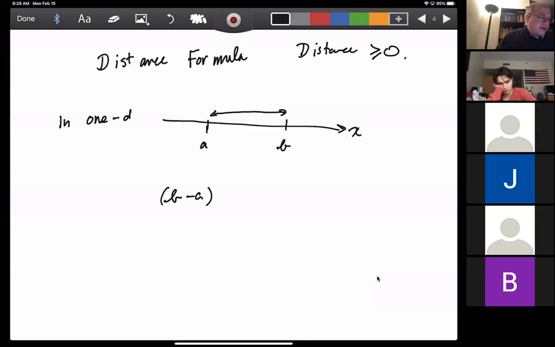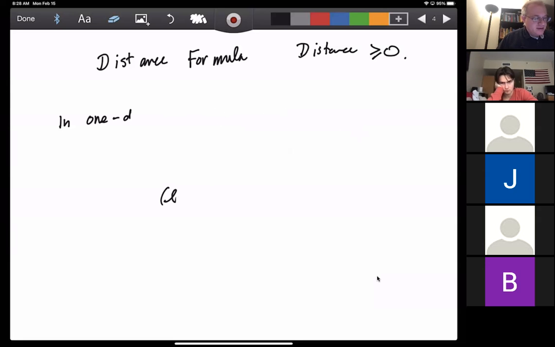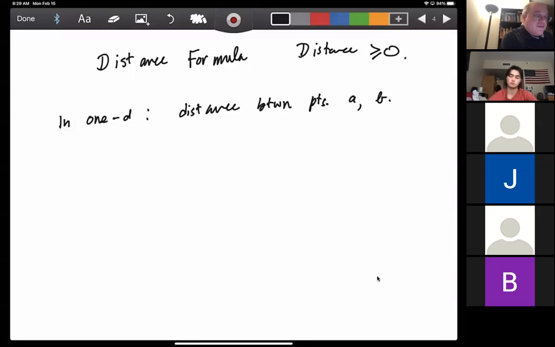Okay. And what if you had your 2 points, so distance between, that's abbreviation for between points A and B. If you don't know which is the bigger one, you can use the absolute value to get your distance.